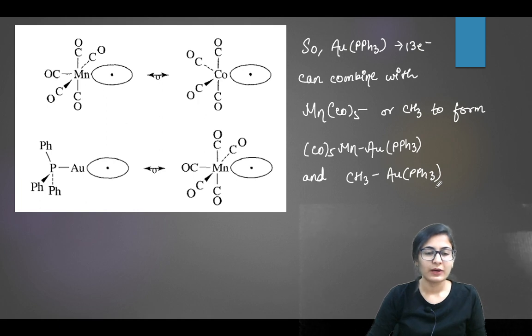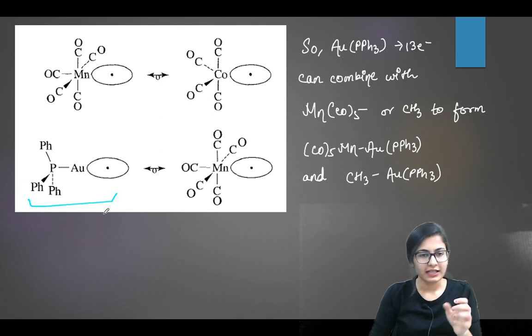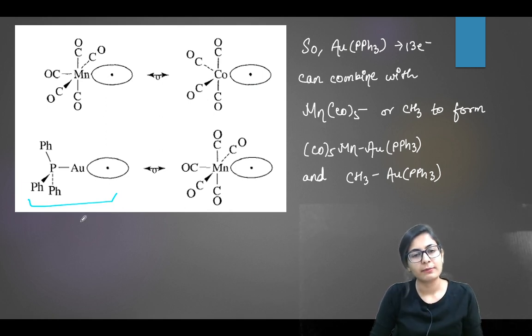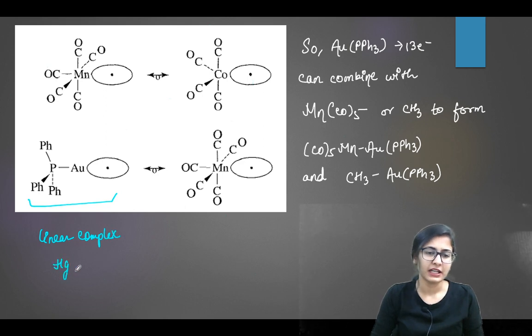Okay, and there is one more very important complex which was asked in a recent paper. That is, for example, you don't even have a square planar complex. Let's say you have a linear complex. So who forms a linear complex? Either it is mercury, or it is beryllium, or it is gold and silver and so on, right?